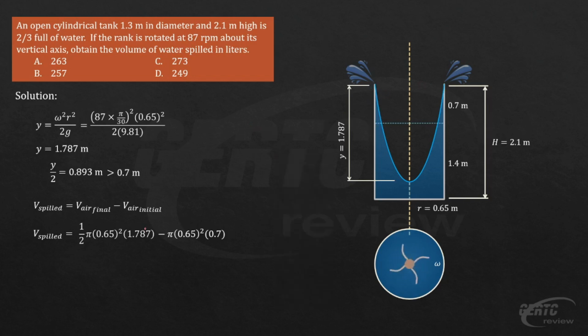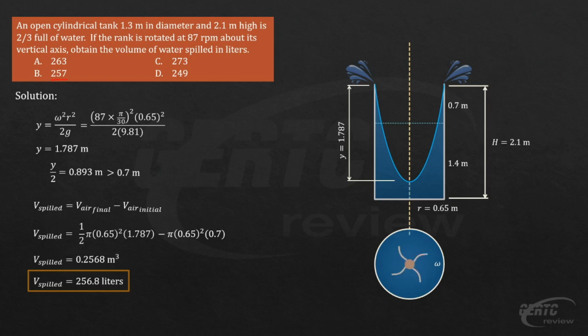When you simplify, you will get 0.2568 cubic meter. The question is in liters, so times 1,000. Take note, 1 cubic meter is 1,000 liters. So that's 256.8 liters. Letter B.